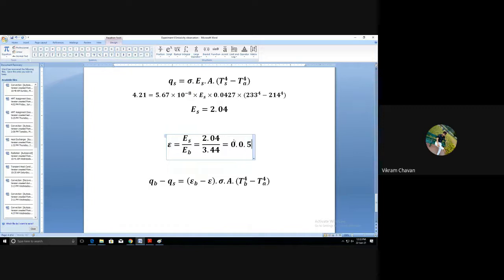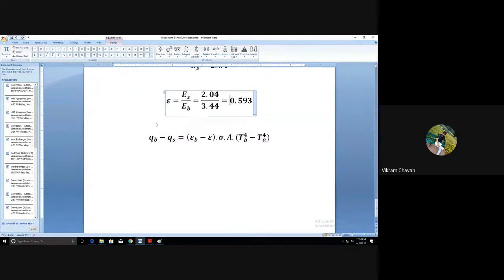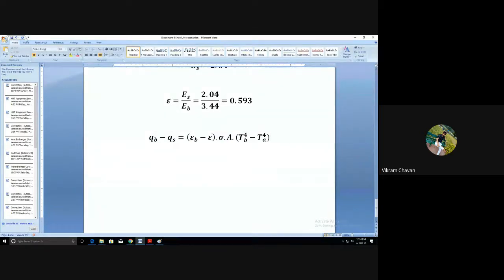Okay, 0.593. So that is the calculation. We have got the emissivity for the gray body. Similarly, if you use this formula, just put in the values and you will get the emissivity by another method.